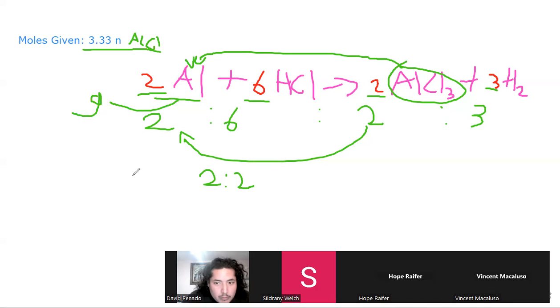Just another note, because I confuse this all the time. When we're doing the ratios, the number given, the given moles of AlCl, that ratio is going to be your numerator. All right, so I'm going to show you the 2 ways that we do this.